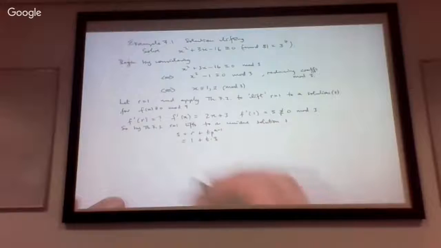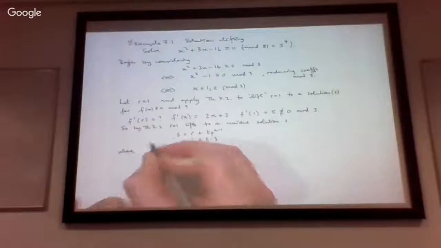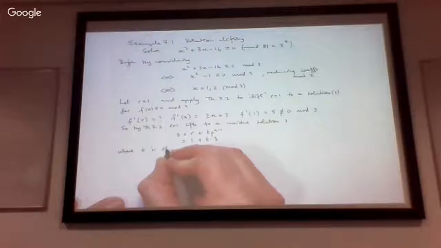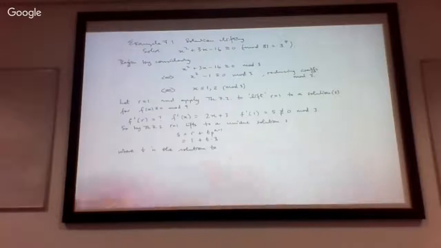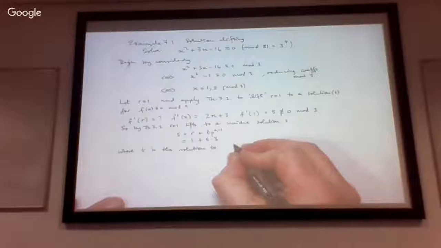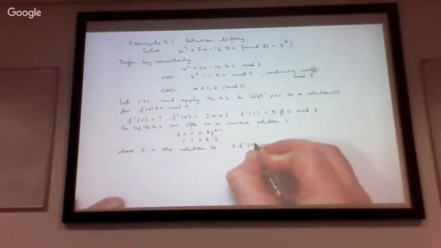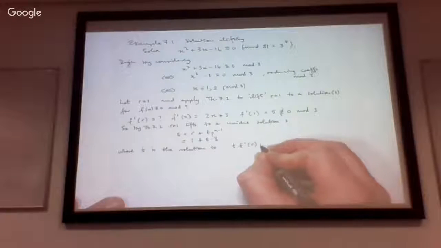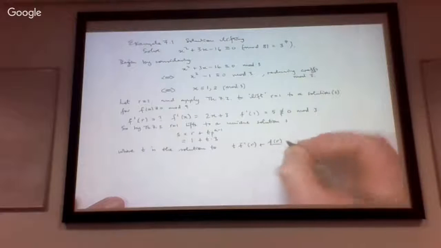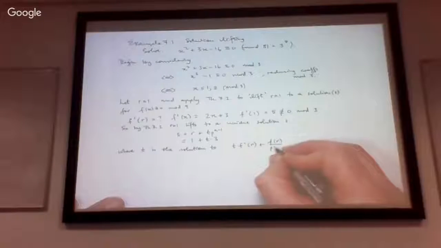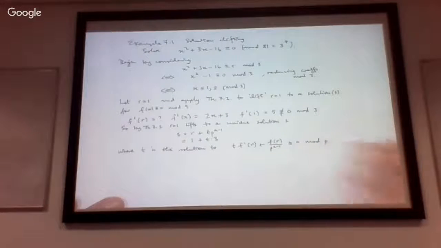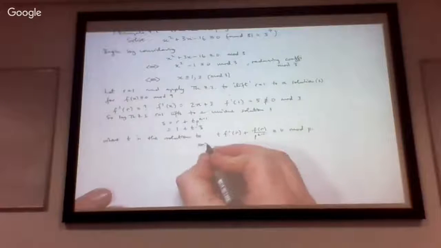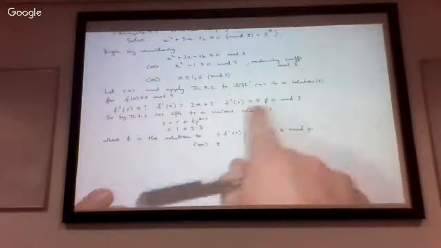And the t is described to us, where t is the solution to t times f prime of r plus f of r over p to the a minus 1 congruent to 0 modulo p. So what is that solution? What is f prime of r?